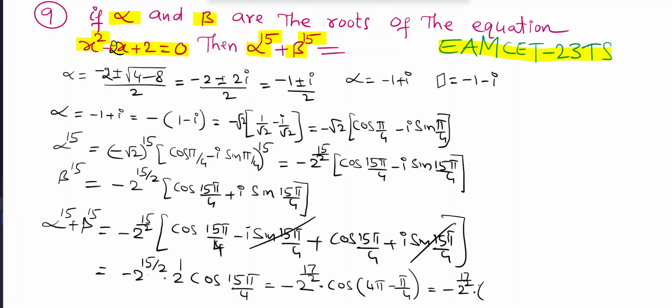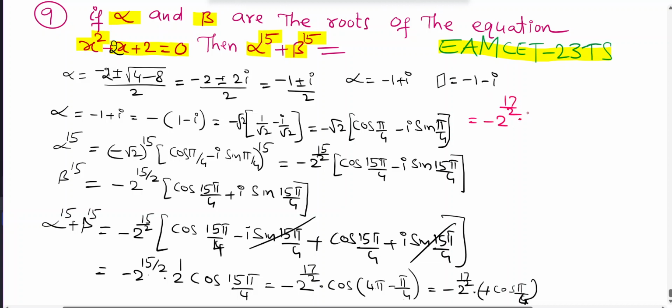This value 4 pi means that is an even number. This is minus cos, this is plus cos pi by 4. From this cos 45 is 1 by root 2.